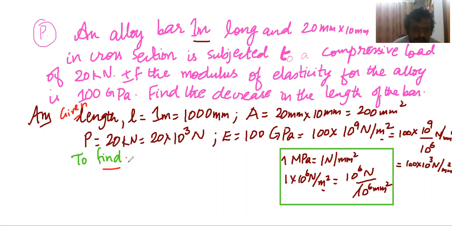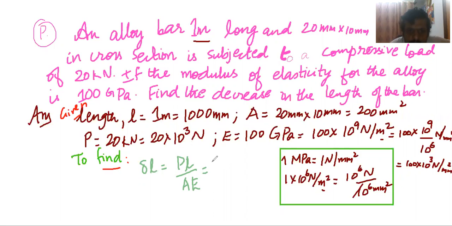So to find next, how to find it? So we have delta L equals PL upon AE. This is the formula.